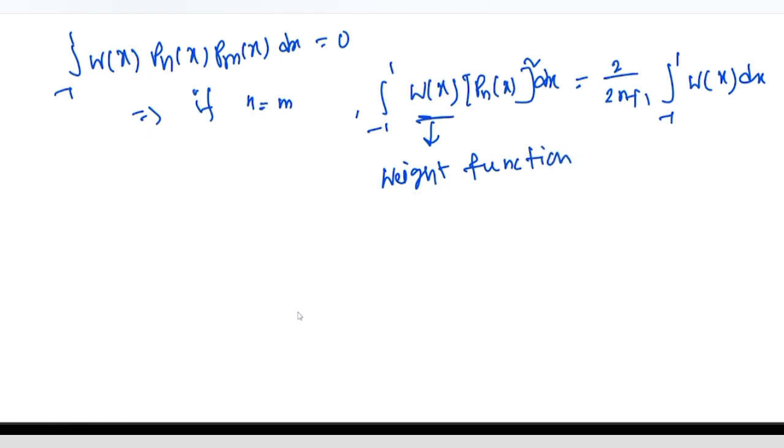In the Legendre polynomial, the weight function is equal to 1. So the orthogonality condition of the Legendre polynomial is the integral from minus 1 to 1 of Pn of x Pm of x dx equal to 0.